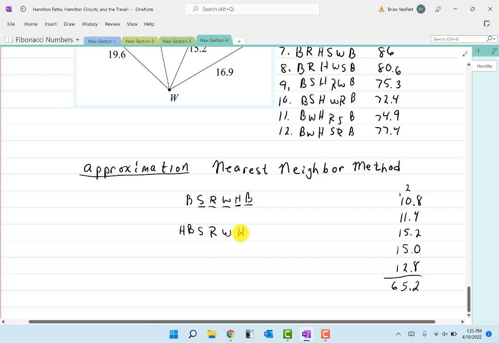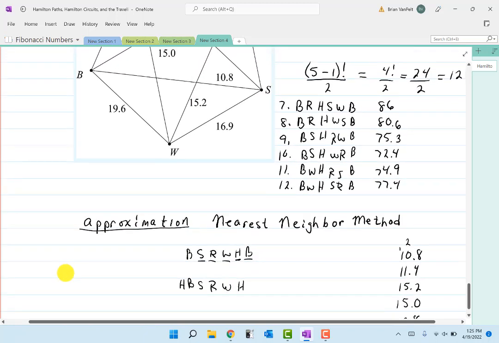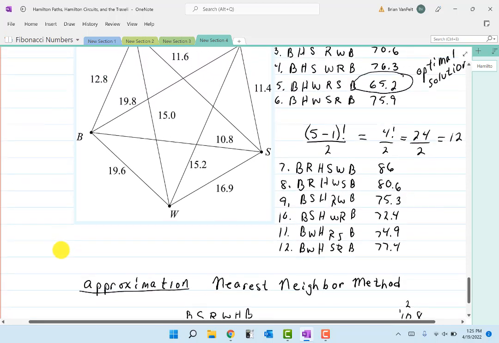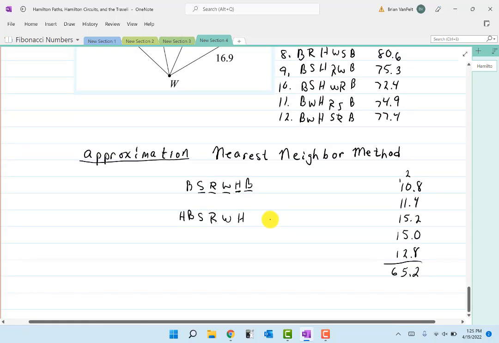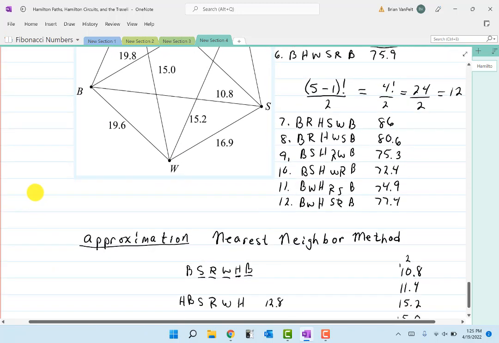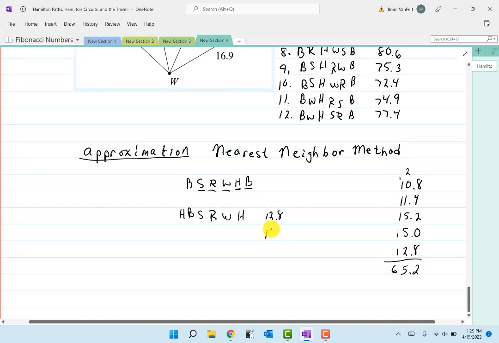Now let's take a look at these costs. HB was 12.8. BS was 10.8.